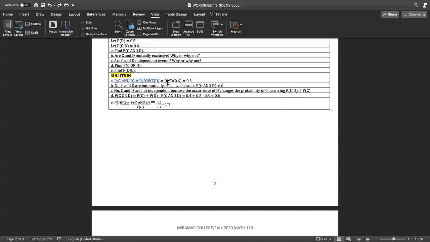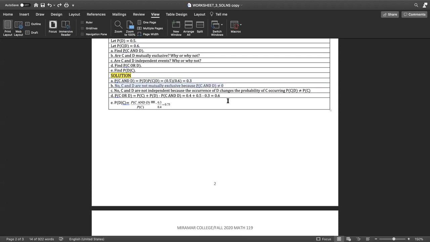The probability of D up here is 0.5, and the probability of C given D is given to us to be 0.6. So using our multiplication property, we get this product, 0.5 times 0.6, and that gives us 0.3. Okay? All right. Now we can answer part B.